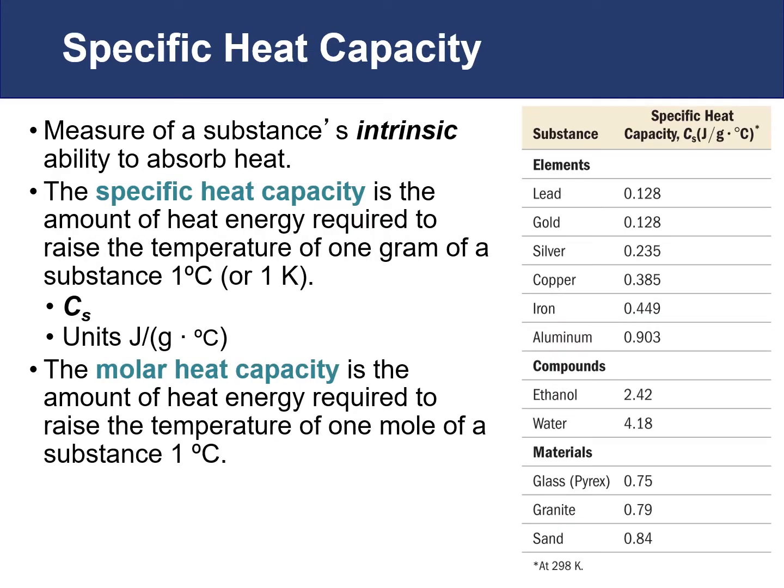Now, previously when we were talking about heat capacity, we were talking about a particular object, like the example we used, a frying pan. For other things, we can actually subdivide it, and we're not talking about a physical object, but instead about things that we can subdivide. For example, water, or in the case of a frying pan, maybe the iron that the frying pan is made out of.